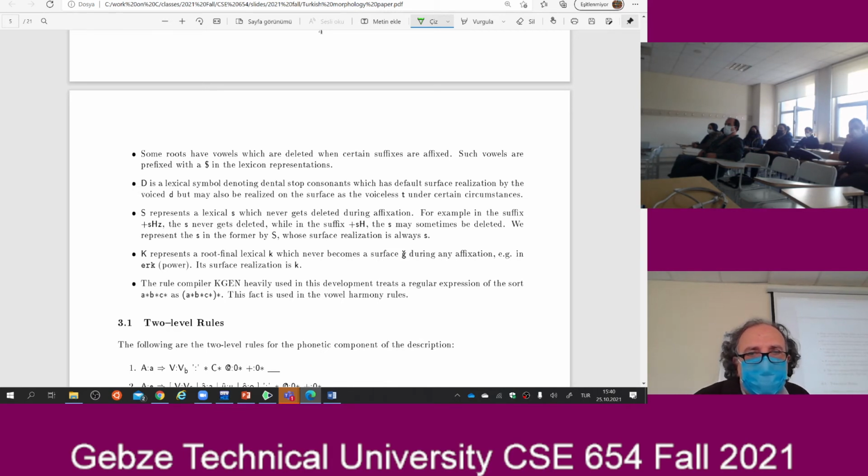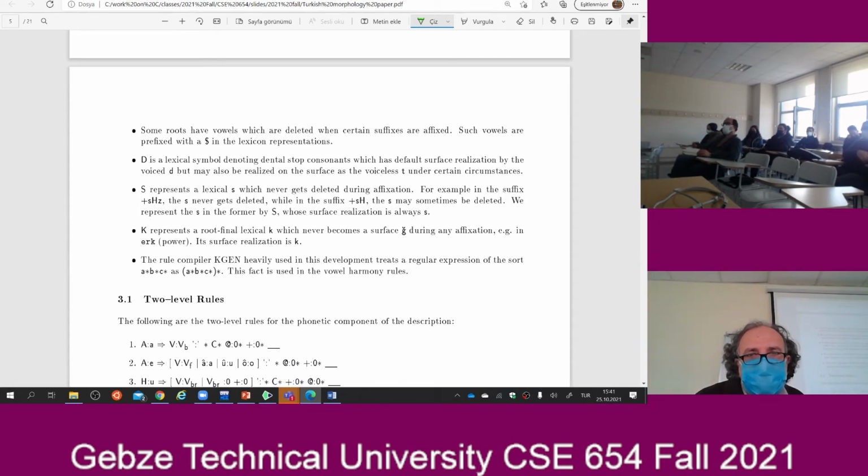These are lexical symbols denoting a dental stop consonant, which has default surface realization by the voiced D. So this D and T stuff, you know, the TD yumuşaması hikayesi. Give me an example for that one. Kağıt, kağıdı. Yes. Okay. And S never gets deleted during affixation.